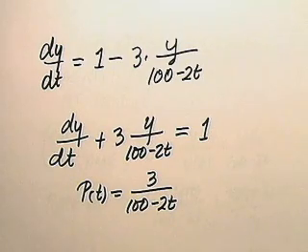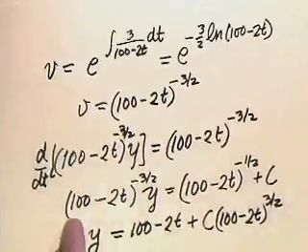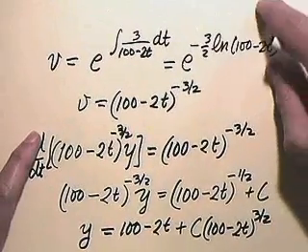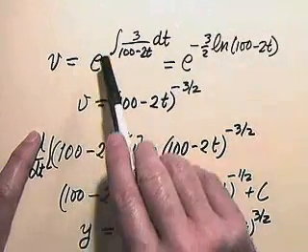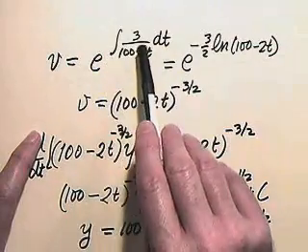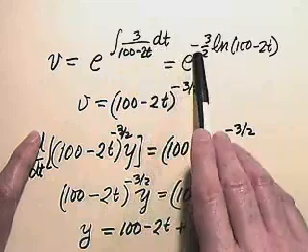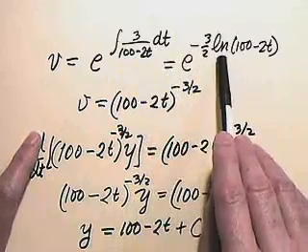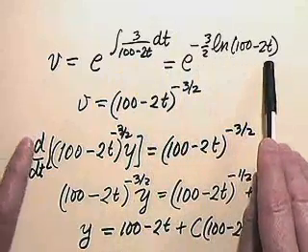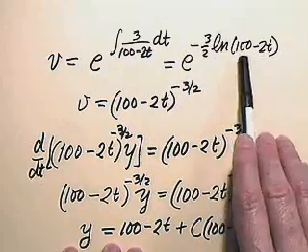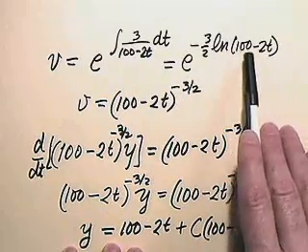So in our usual notation, we use v for the integrating factor. So v is e to the indefinite integral of 3 over 100 minus 2t dt, and of course that's e to the negative 3/2 ln(100 minus 2t). Notice I've left out the absolute value here. Why?